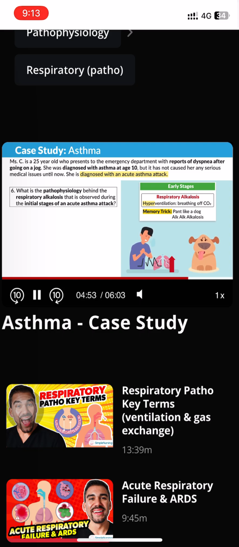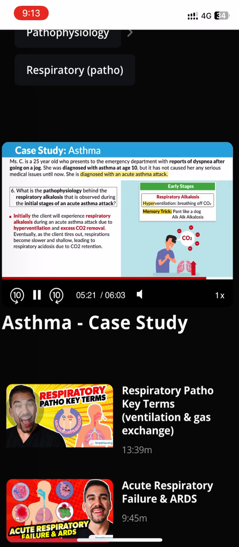Clients are panting like a dog, pushing them into alkalosis. The memory trick sounds like a dog panting, right? Blowing off all that CO2, that carbon dioxide, which I call carbon diacid, because carbon dioxide pushes the body into acidosis. Therefore, without CO2 as the body's breathing it off, the body becomes alkalytic, pushing the body into this alkalotic state.